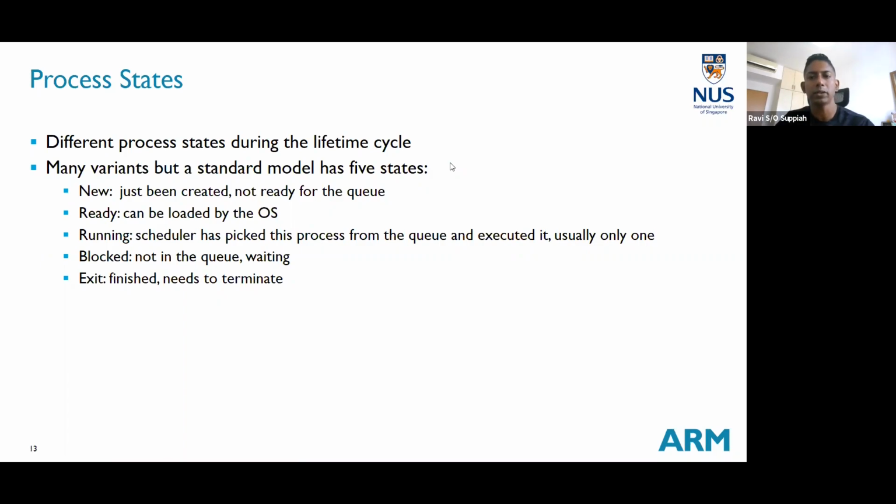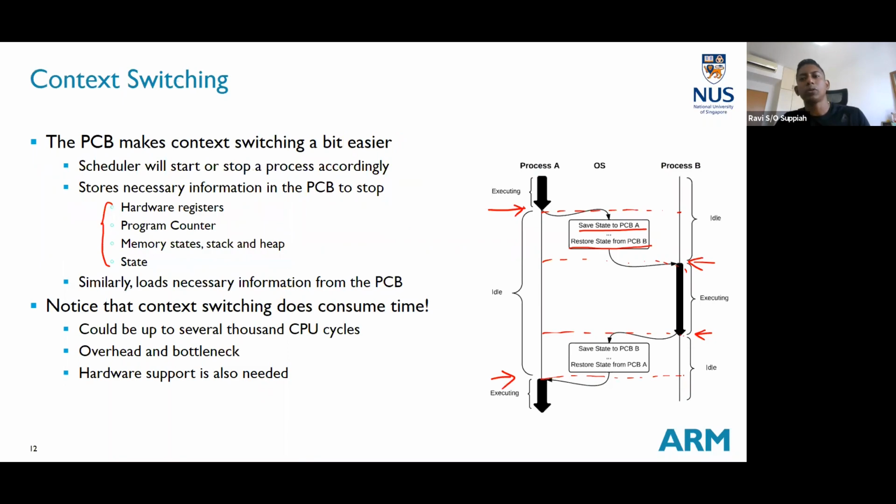When any task is running, the task makes use of the CPU's resources to execute. While it is running, it is making use of the current set of registers, the program counter, and so on. That is the current state of the process.